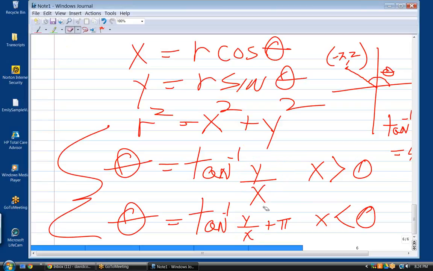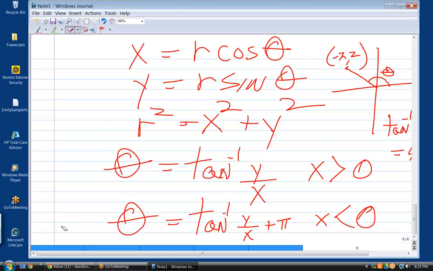What if x is equal to 0? What's theta? Infinity. No? This is the one time in math where you can divide by 0 is when you're taking the inverse trig function of it.